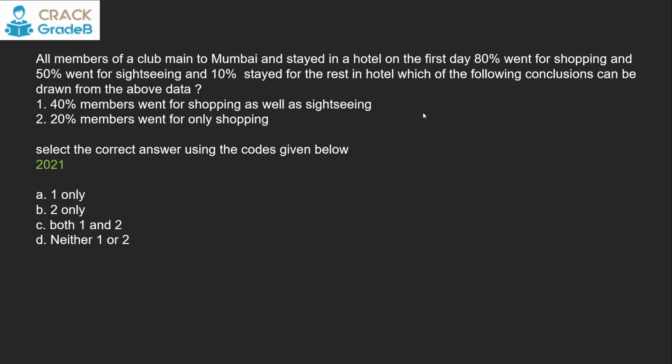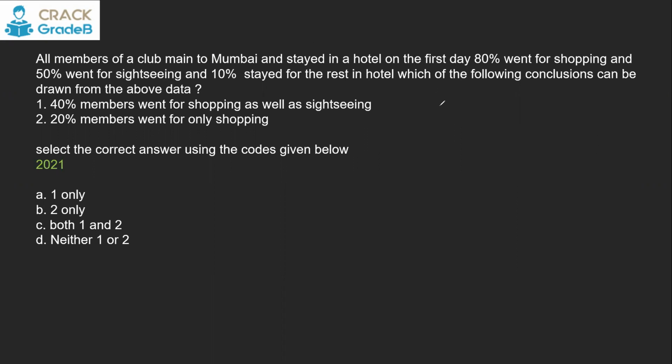Okay, now consider this question, which they asked in 2021, in one of the UPSC exams. It says, all the members of a club went to Mumbai and stayed in a hotel. On the first day, 80% went for shopping and 50% went for sightseeing, and 10% stayed for rest in the hotel. Which of the following conclusions can be drawn from the above data?